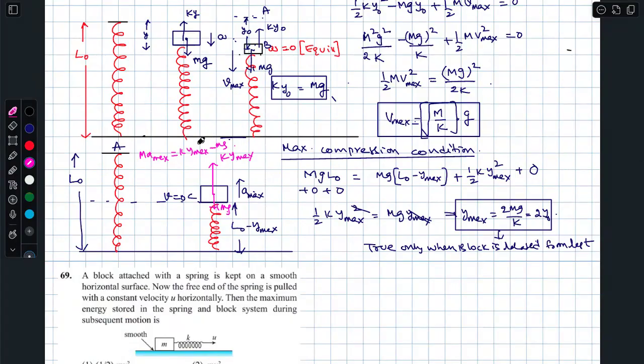Ymax is 2mg by k, so k Ymax is 2mg minus mg, which is equal to mg. So a is g upwards. When you release it, it is g downwards. At maximum compression, it is g upwards.